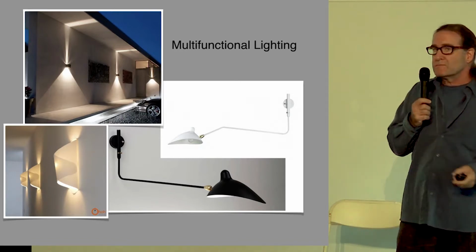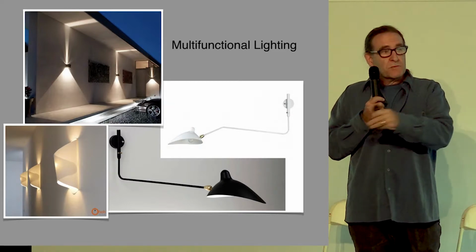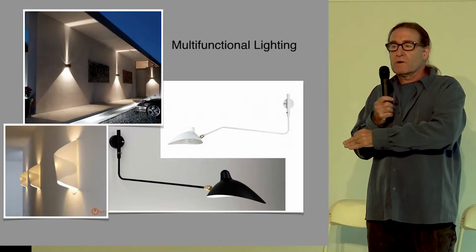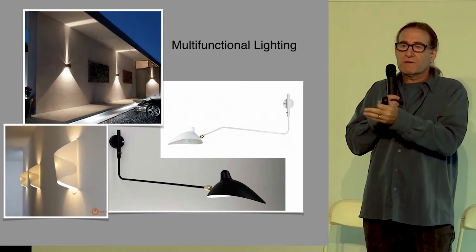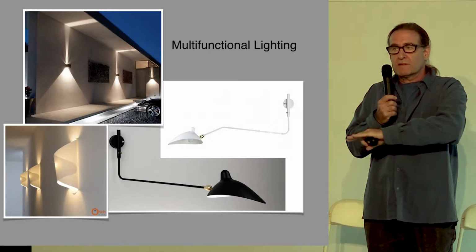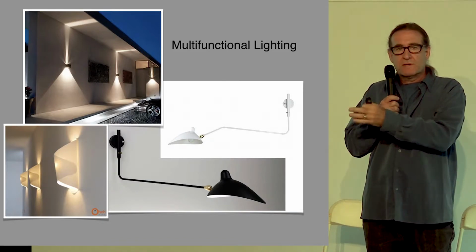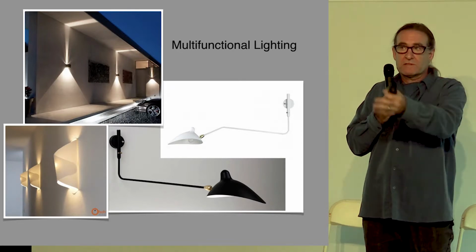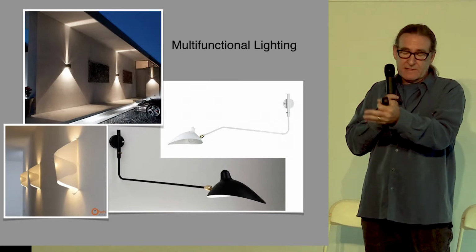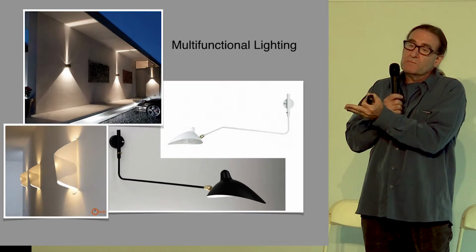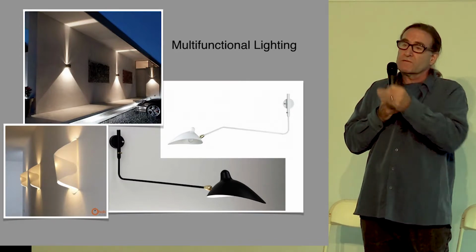And then the swing arm lights, they swing 180 degrees from the wall mount, and also the head pivots so that you can either direct the light down onto a surface, maybe against the wall to bounce light back into the ceiling, back into the area, or to make the light go face up so that it reflects off the ceiling.